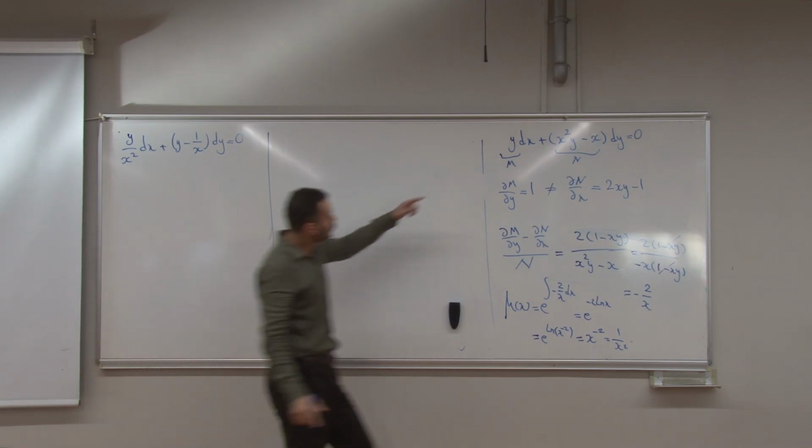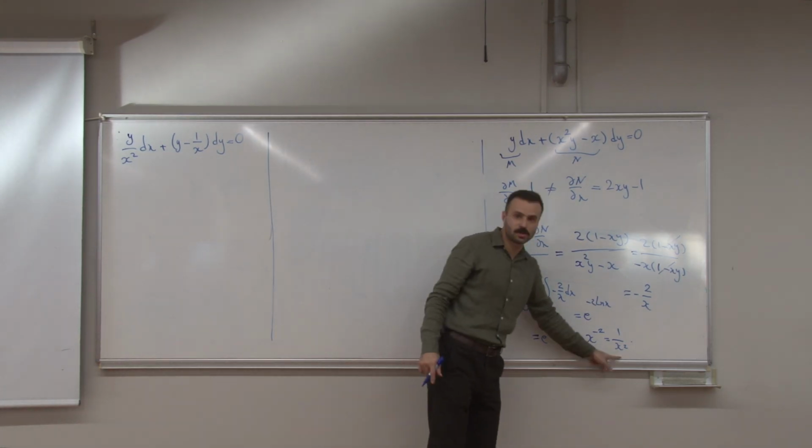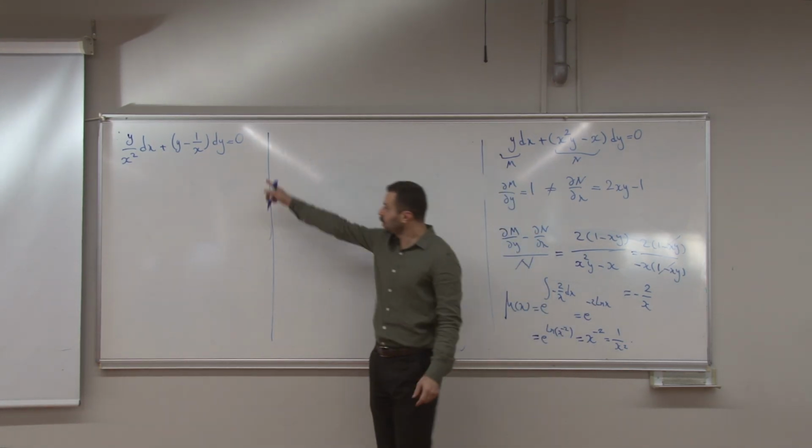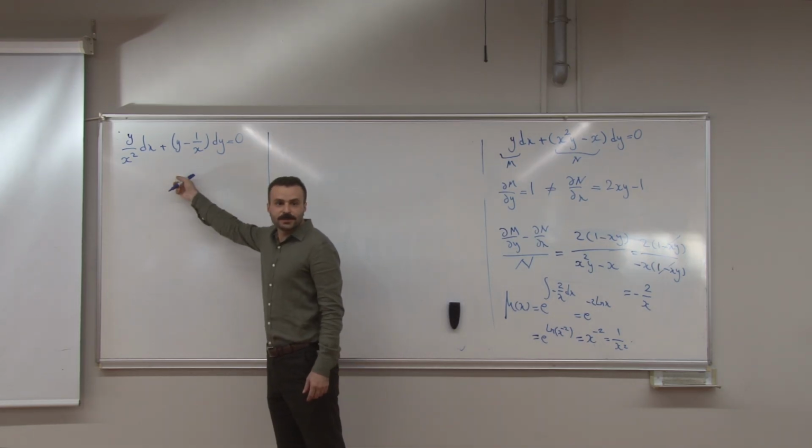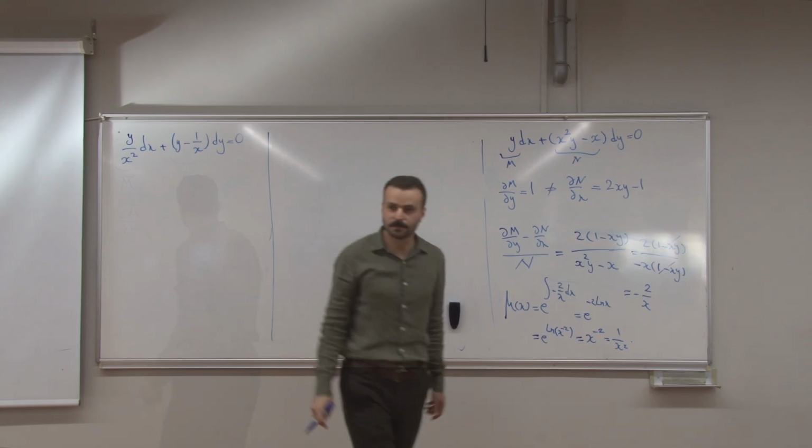If I multiply this equation by 1 over x squared, it becomes this, right? Can you please check whether this is an exact equation or not?